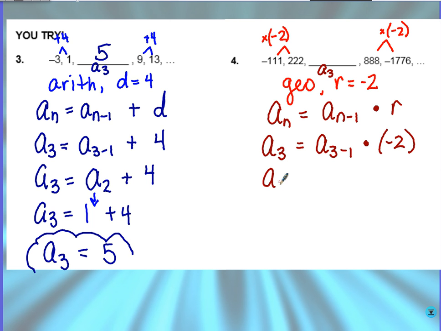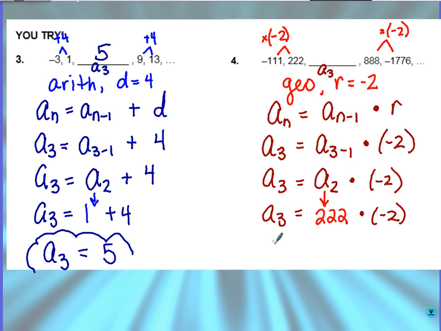To get to the third term, this becomes a sub 2 times negative 2. One more here. To get to the third term, we know the second term, so we can replace it with 222 and show that we are multiplying by negative 2. And here you have it, the third term of the sequence, 222 times negative 2 is negative 444.